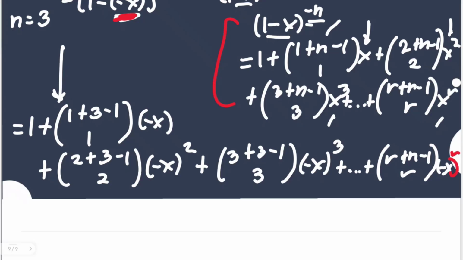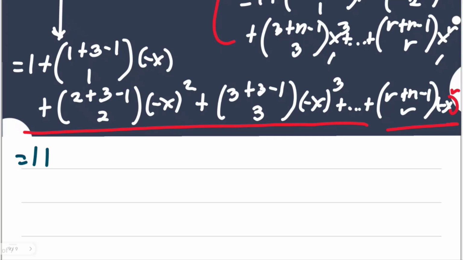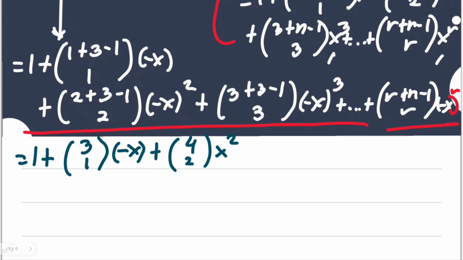Anyway, we are just concerned with these because they give exact results, other than this where r is unknown. So we will have 1 plus 3 combination 1 times negative x. Then plus 2 plus 3 is 5, so you have 4 combination 2 for your x squared, positive now, plus 3 plus 3 is 6, so we have 5 combination 3 and negative x as negative x cubed, because we still had a negative there, and plus the general form.